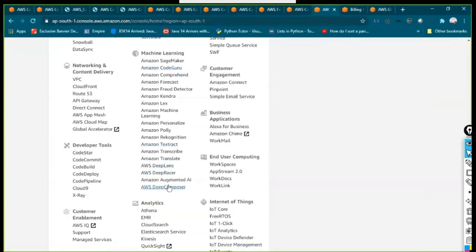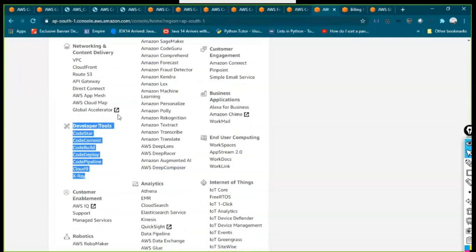See how many services they dedicate exclusively for machine learning alone. That's quite interesting. If you are a developer, you have an exclusive set of services for developers. The same happens for GCP and Azure as well, but from a comparison perspective, AWS is number 1, Azure is number 2, GCP is number 3.